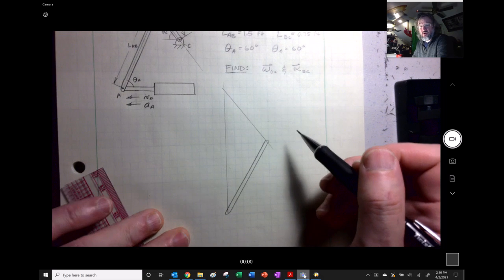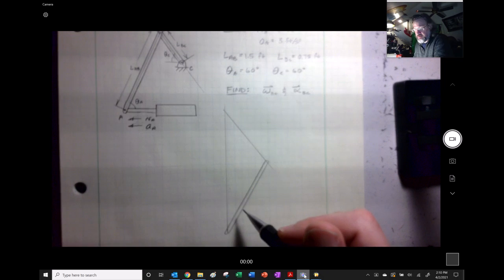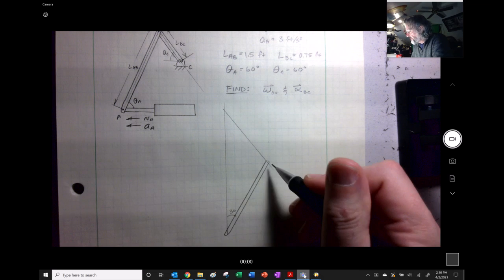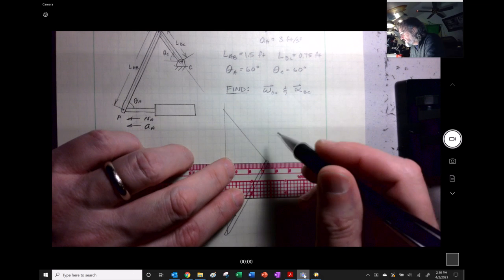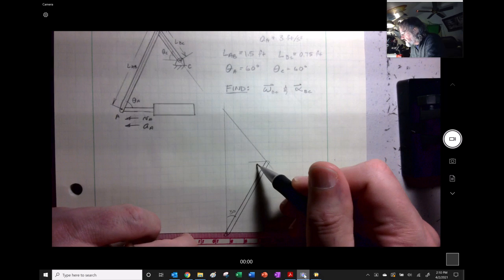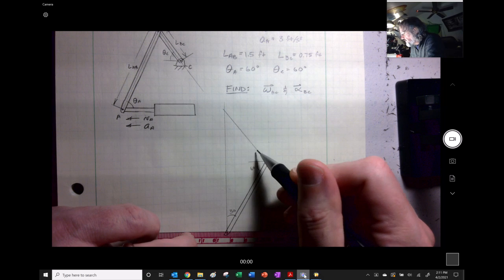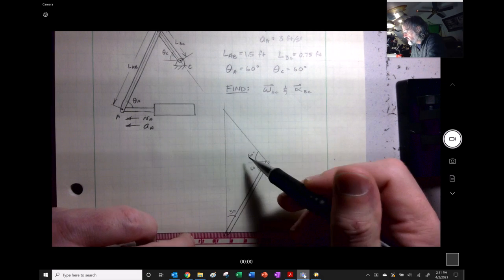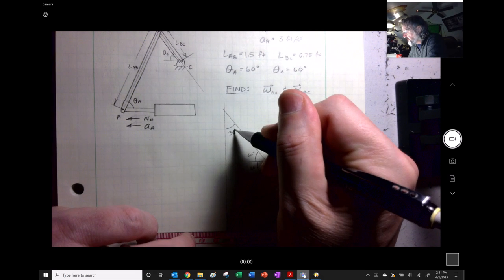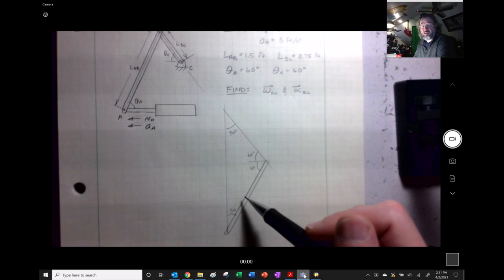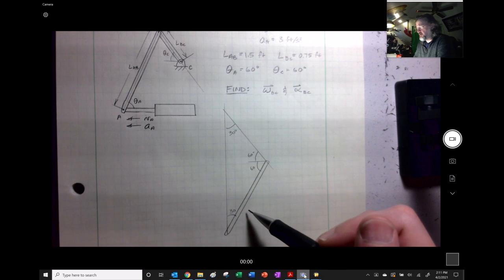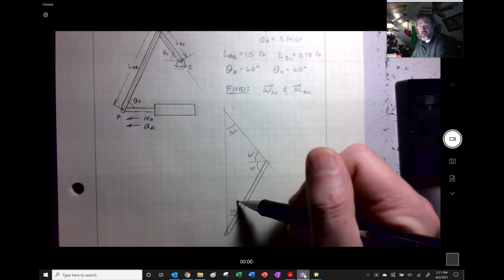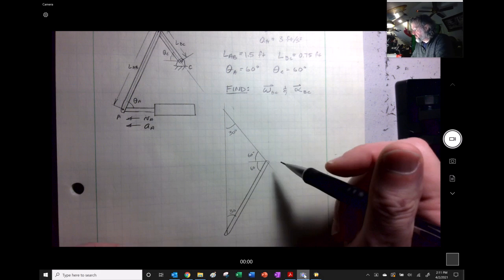And something we might notice quickly is that we have 30 degrees right here, and this right here is then 60 degrees. We also note that this is 60 degrees, so that's 120 and 30, so this has to be 30 degrees. And even though we didn't draw it perfectly, we know that this length is going to be the same as that length because these angles are opposite from each other.